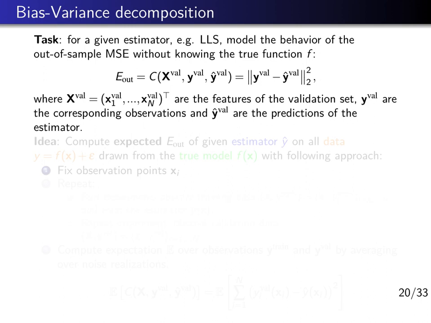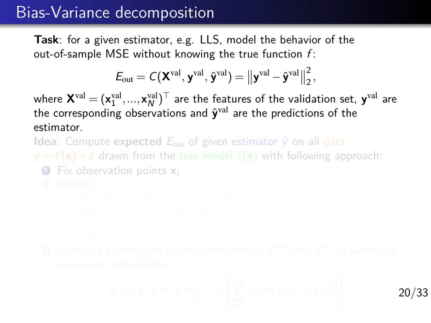So here we look at the out-of-sample error, the validation error, which is the value of the cost function evaluated at the validation data, as you see here. So these are the validation data labels, y val, and the predictions, y hat val, on the validation data, but using the parameters that have been obtained using the training data.